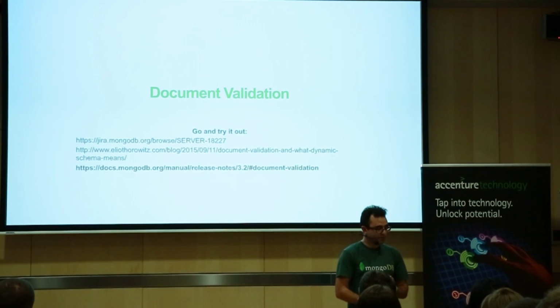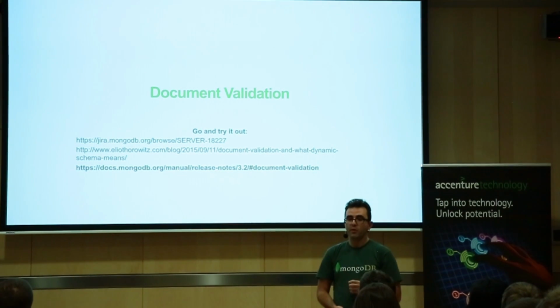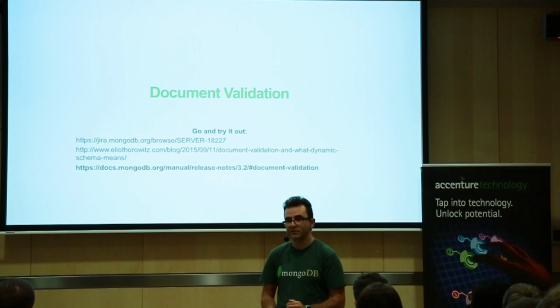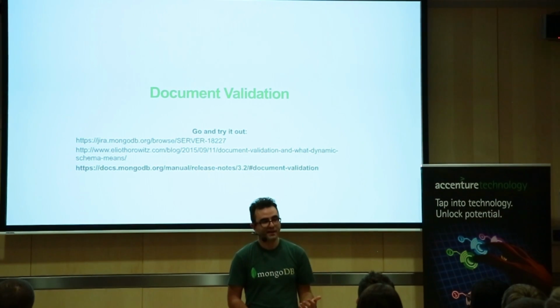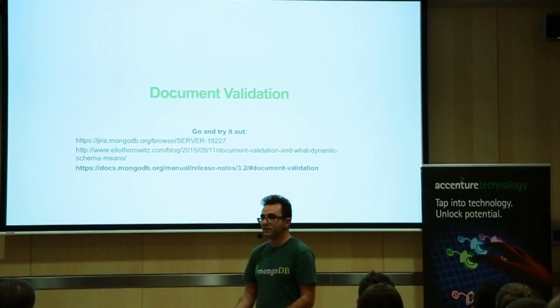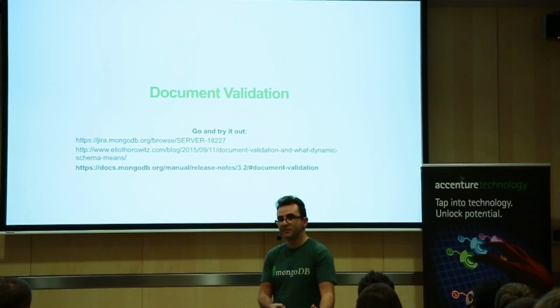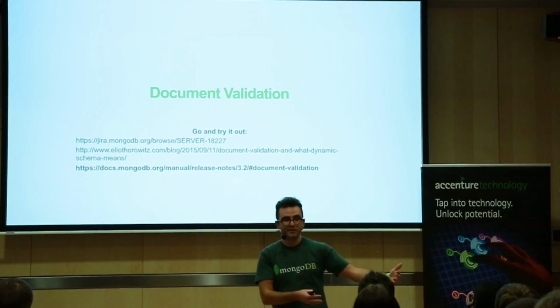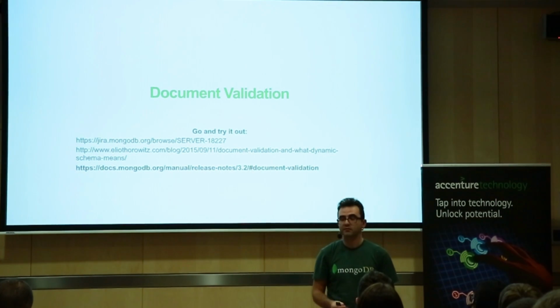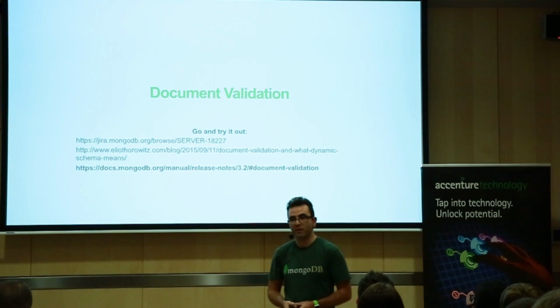But the first thing that we will, and there it is. So in 3.2, you will be able to define a preset of rules that we are going to be validating against your documents. So if you say that a particular collection will always have a name field, and that name field needs to be of string type, and needs to be within this enum of values, we can validate that from now on.